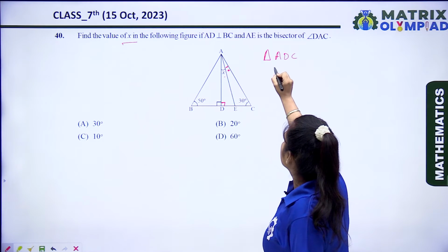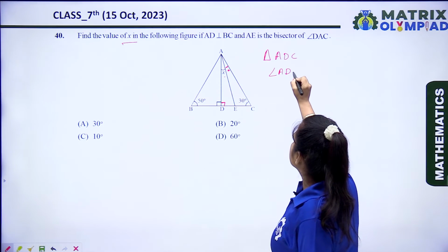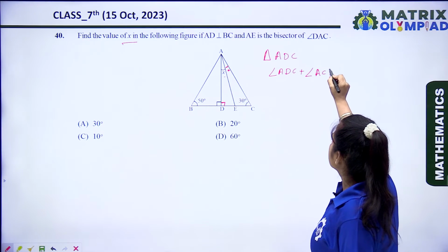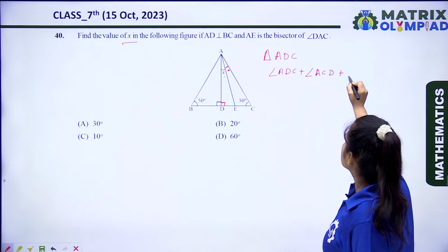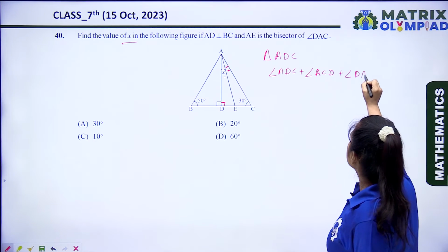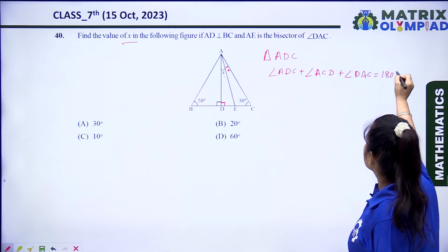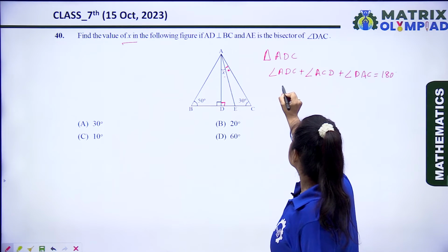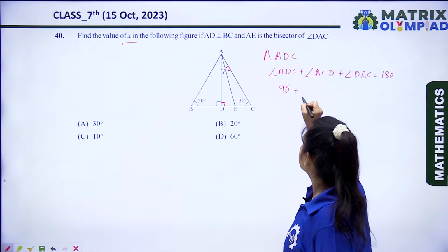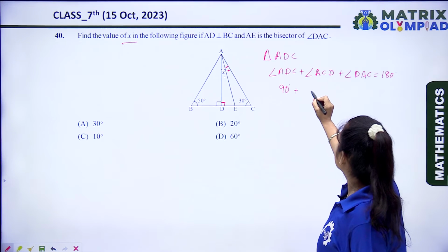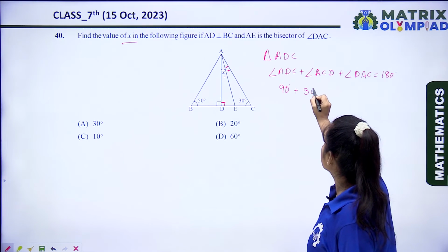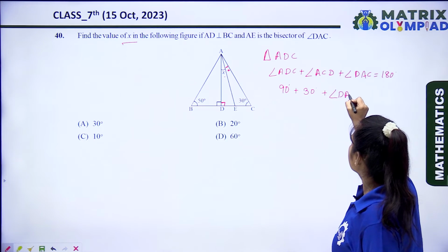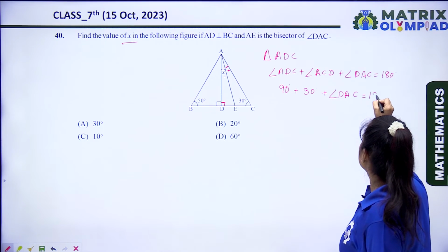सो हियर एंगल ADC प्लस एंगल ACD प्लस एंगल DAC इज इक्वल टू 180 डिग्री होता है. अब यहाँ पर एंगल ADC इज 90 डिग्री, दैट इज गिवन अस. एंगल ACD इज आल्सो गिवन अस, दैट इज 30 डिग्री प्लस एंगल DAC is unknown to us.